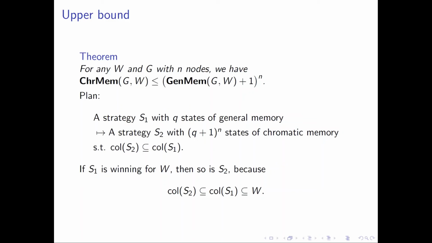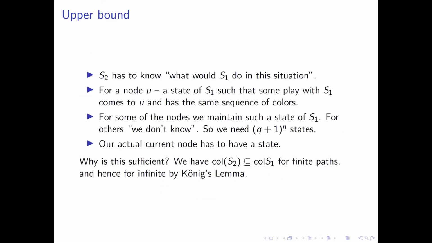And if we have the property that Cols of S2 is a subset of Cols of S1, then this holds automatically. So if S1 is winning for W, then so is S2. Because what does it mean that S1 is winning for W? It just means that Cols of S1 is a subset of W. And if Cols of S2 is a subset of Cols of S1, then Cols of S2 is a subset of W.